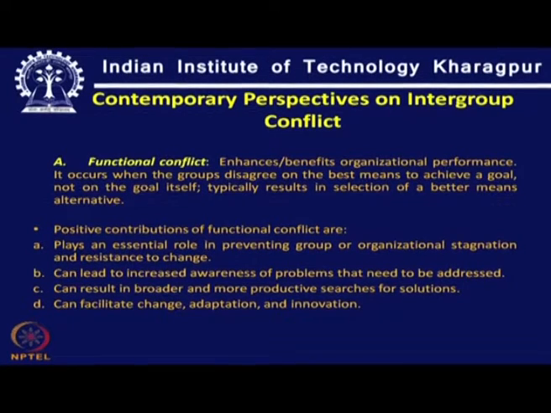Some of the positive contributions of functional conflict are: it plays an essential role in preventing group or organizational stagnation and resistance to change. When there is functional conflict, people know that things are about to change, and that things may not always be accepted in the way we think is best.